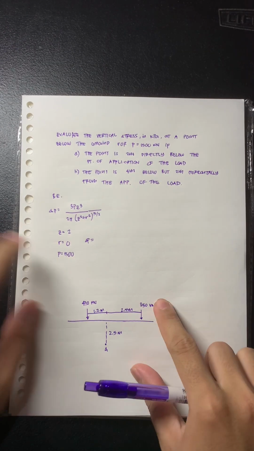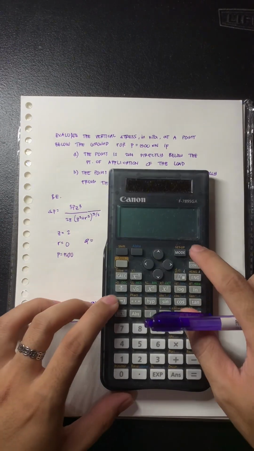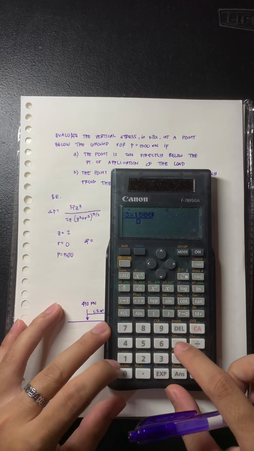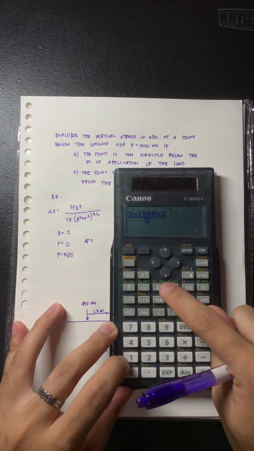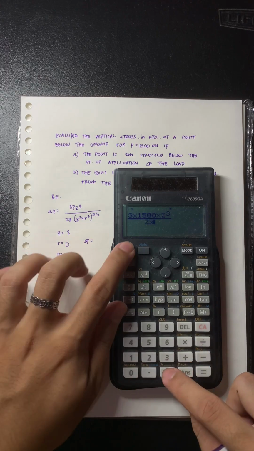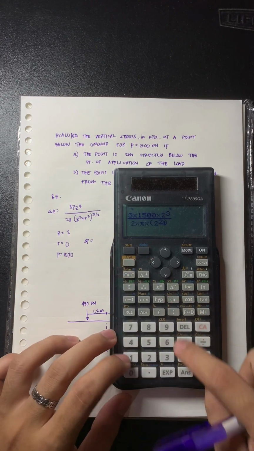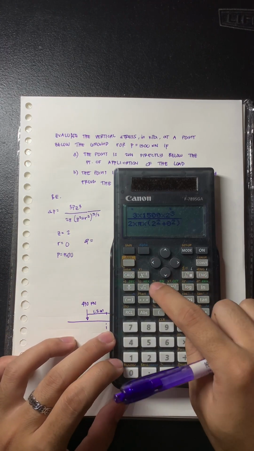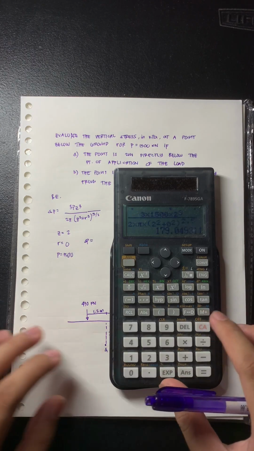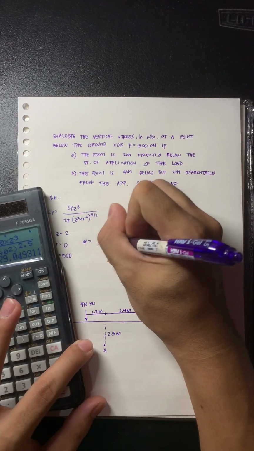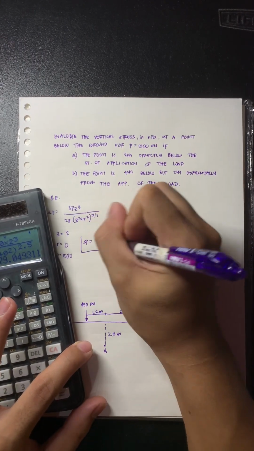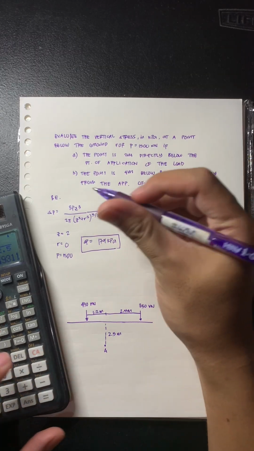It's direct substitution: 3 times 1,500 times 2 cubed over 2 times pi times 2 squared plus 0 squared raised to 2.5. So, 179 kPa. This is for the Boussinesq equation.